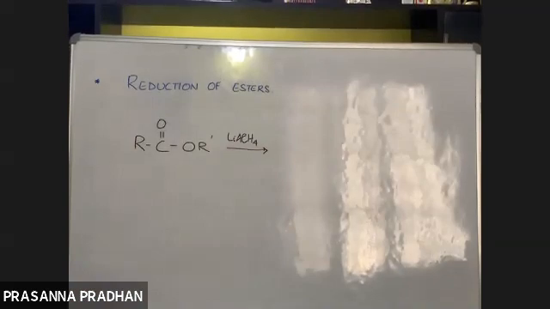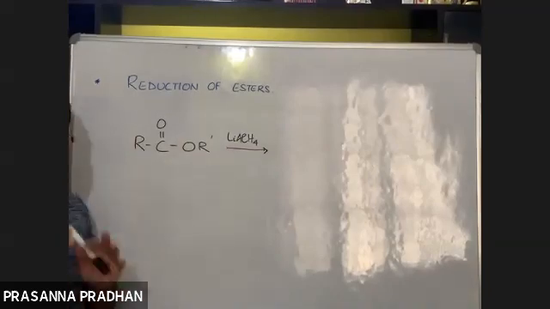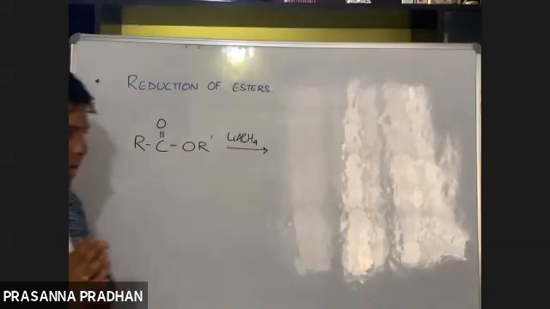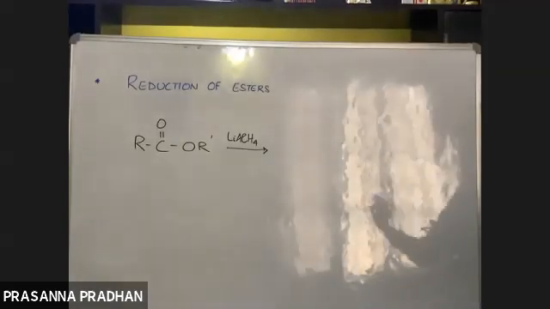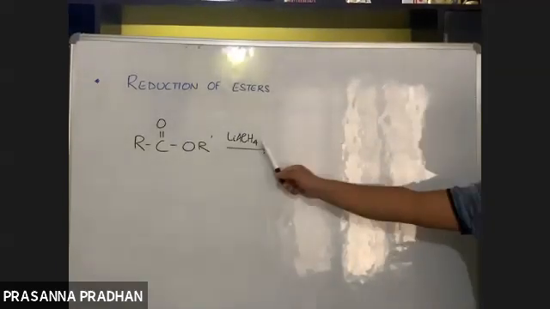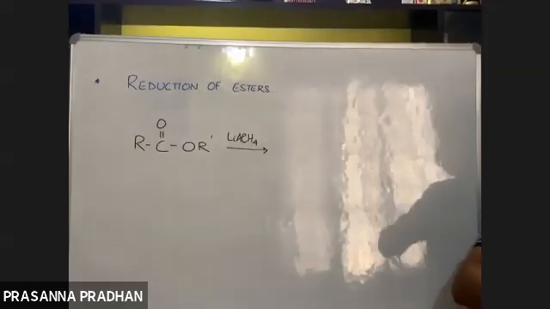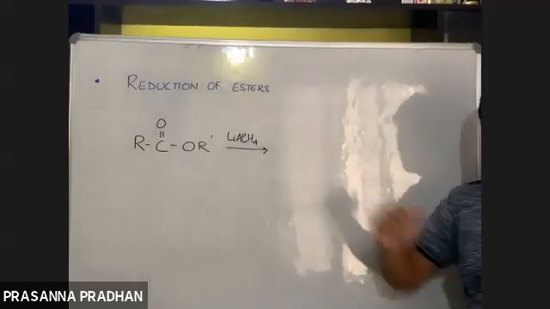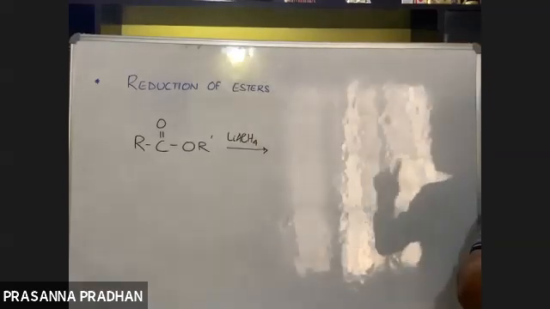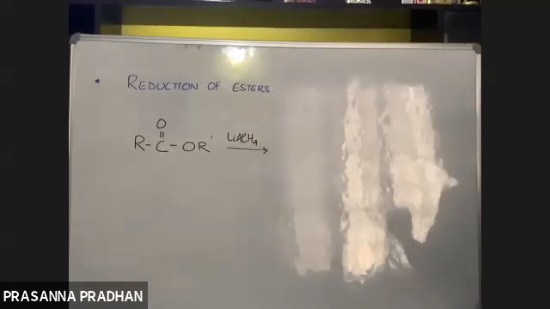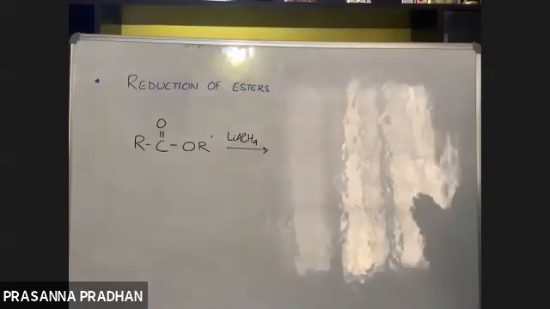But do you think sodium borohydride will reduce ester? In the last class we specifically said that, out of the various reducing agents, lithium aluminium hydride is non-selective, meaning it will reduce almost all the functional groups excepting the double bond. But remember, sodium borohydride, NaBH4, is a selective reducing agent.